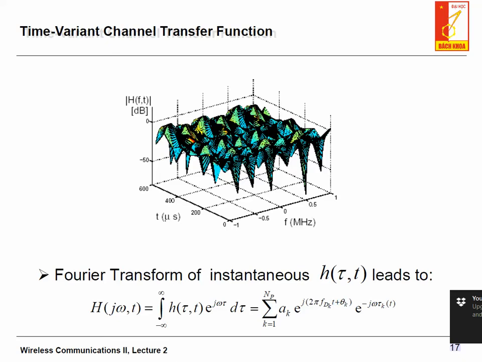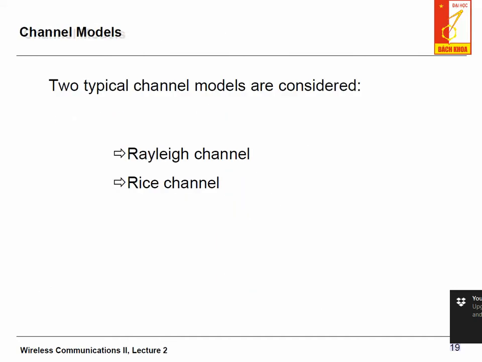And in this afternoon session, we continue with the wireless channel. Next, I introduce you to two typical channel models that appear very frequently in wireless communication. The first is the Rayleigh channel, and the second is the Rician channel.